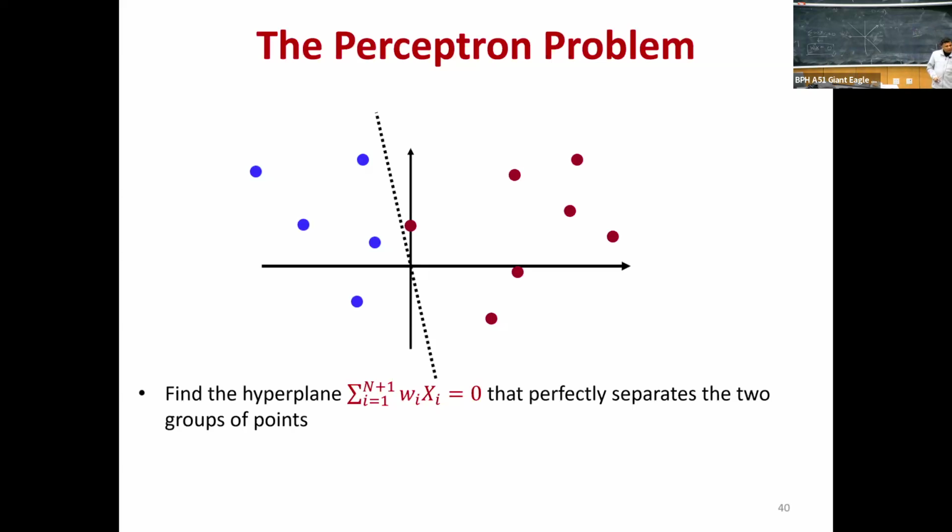Anyone? Yeah. What is the inner product of two vectors? How much they share the same direction? It's going to be the length of the first vector times the length of the second vector times cos theta, right? What is theta over here? Is it greater than 90 degrees or less than 90 degrees over here?